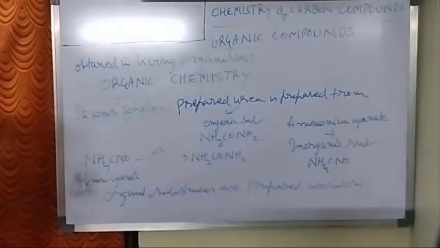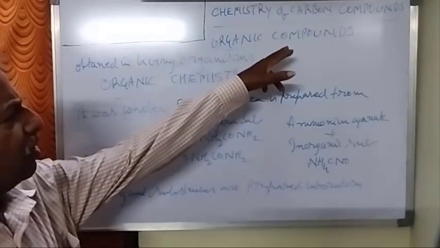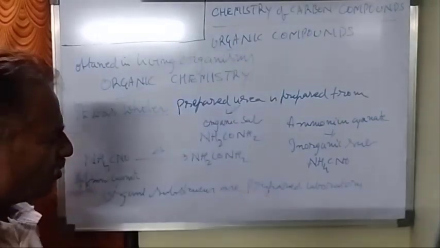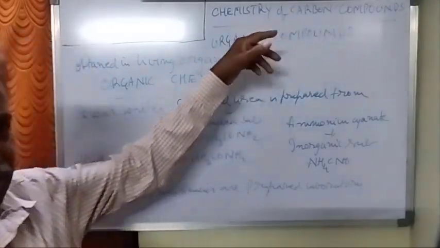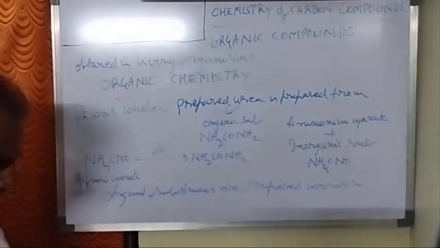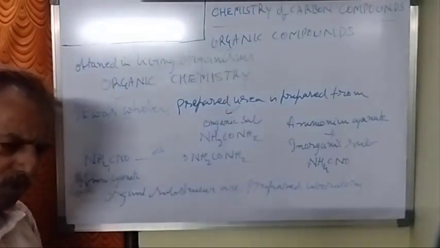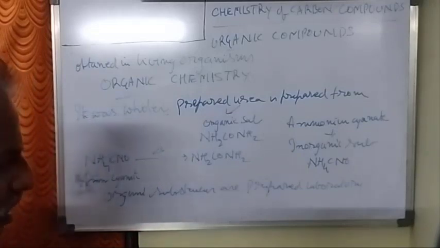As organic substances are prepared in laboratory, the name organic substances does not suit to these substances. That's why they are referred as carbon compounds. Therefore, this branch is referred as chemistry of carbon compounds. But anyhow, the organic chemistry and organic compounds, the words are used for so long. Even now also, these words are used in place of chemistry of carbon compounds.